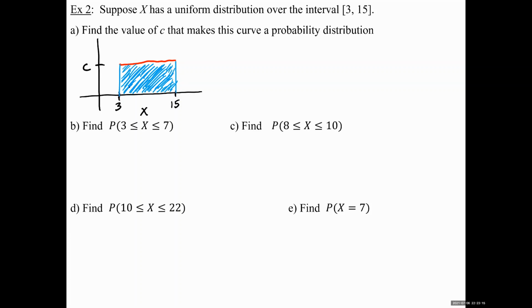So now I'm going to write down the area under the entire curve has to equal 1. Okay, now if you look at the picture, what shape is that area in the picture? It's a rectangle, yeah.